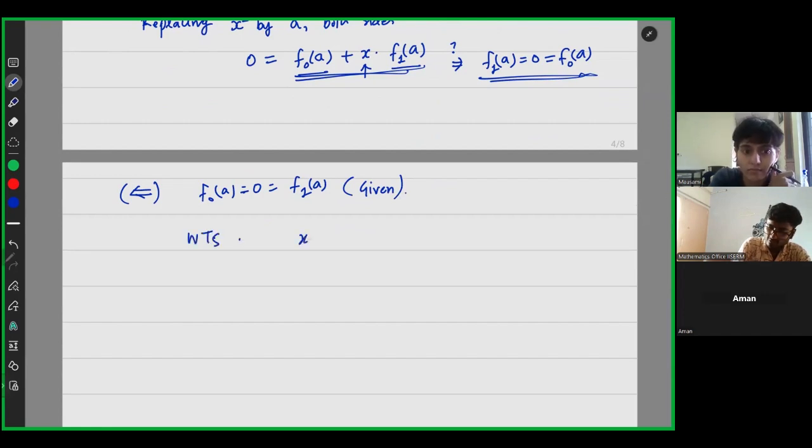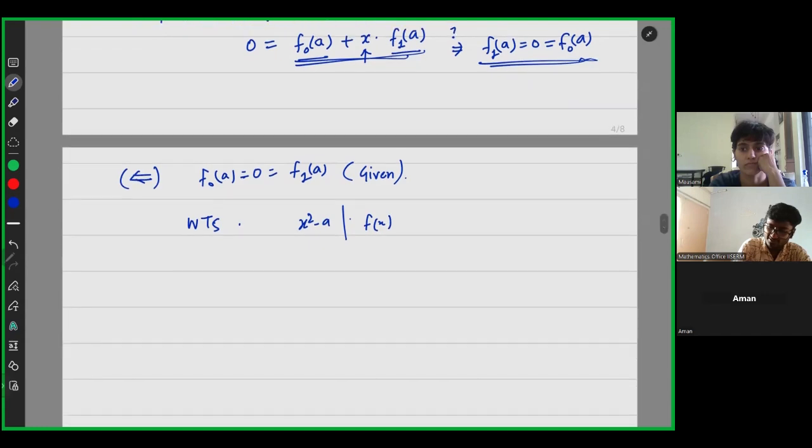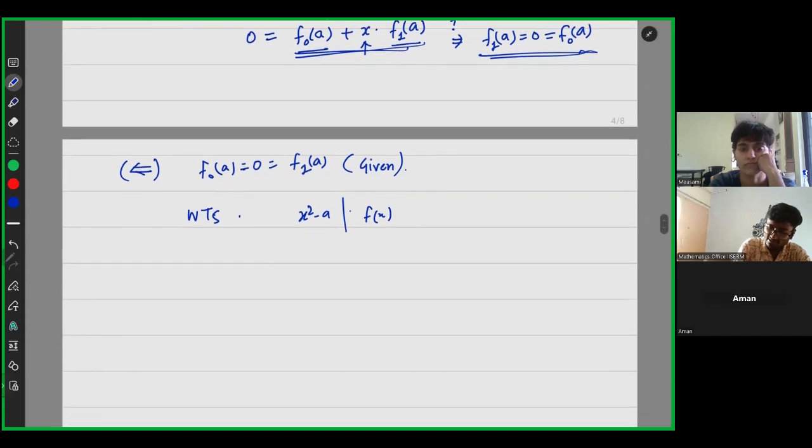show that x square minus a divides f(x). But Euclid's theorem implies that x square minus a into some q(x) plus r(x) is equal to f(x). We can write f(x) like this. Now we want to show remainder is 0, this r(x) is 0.